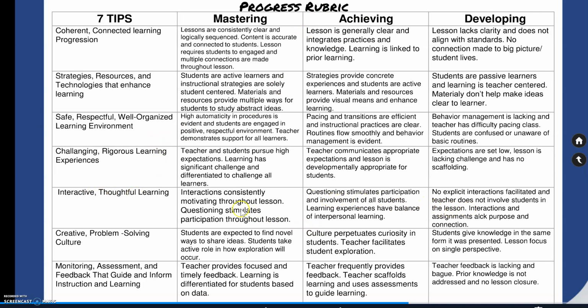If this is something you would like to work on when admin or anyone comes to observe your lesson, you can ask them to watch specifically for this tip and determine together whether your lesson is developing, achieving, or mastering, or your students or your teaching, whatever you really want to focus on for that. It's just going to give our discussions and our observations a little bit more clarity and a little bit more direction.